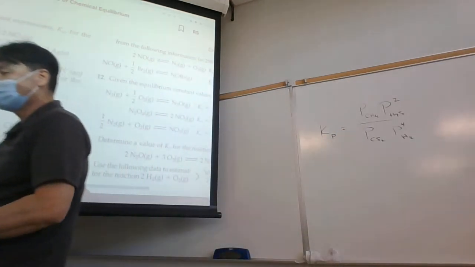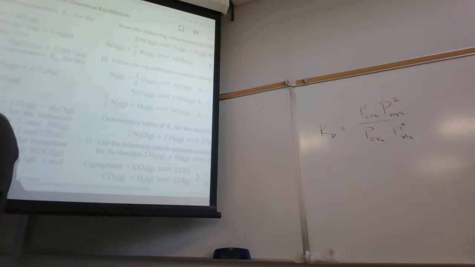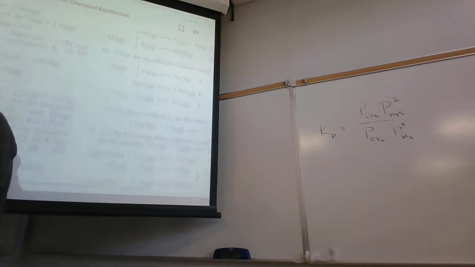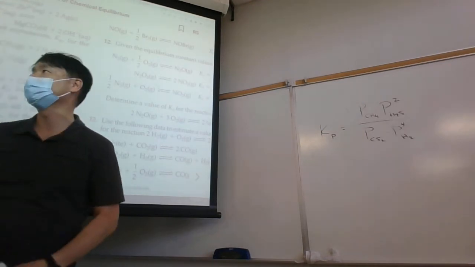Well, let's answer the question. Is our book going to use bar or atmospheres? Now, considering the authors are Canadian, what do you think they're going to use? Bar, right? And so they're using bar. I still like to use atmospheres and then convert things to bar, but okay.